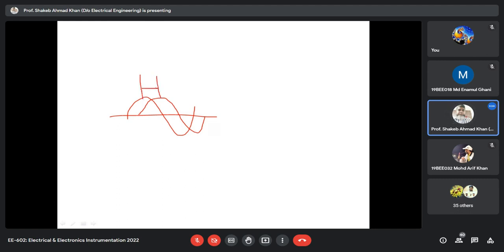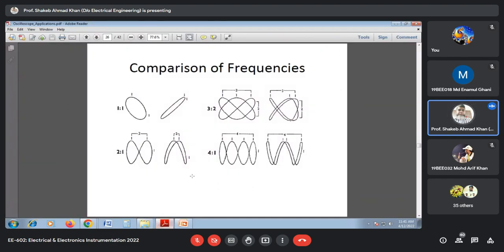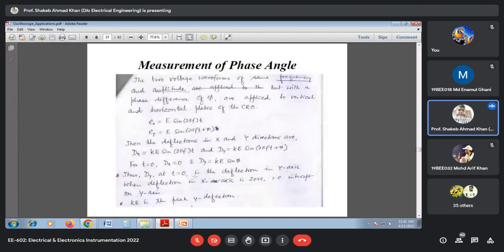So how can we find this phase difference? With the oscilloscope, one of the ways is that we display these two waveforms in YT mode of operation and then find out the phase difference by finding the time difference and then the phase difference. But the easiest way is by using the oscilloscope in XY mode.